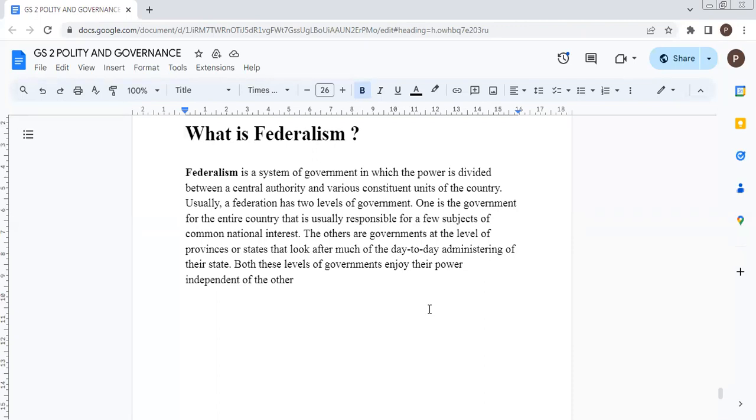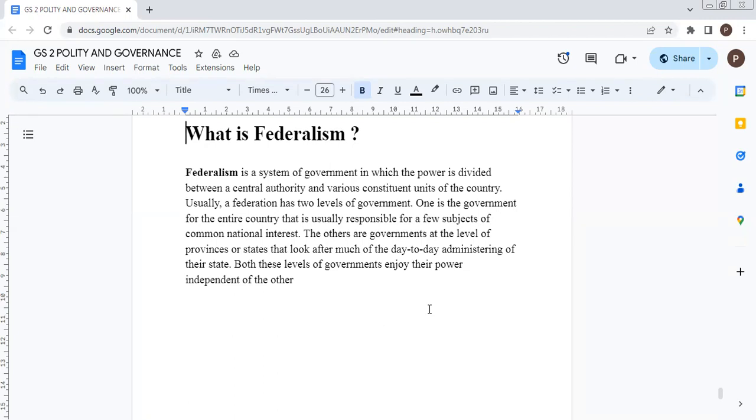The powers of the respective governments are clearly established in the Constitution. Article 246 prescribes three types of lists, that is the central list, state list, and concurrent list. And not only that, in the seventh schedule of the Indian Constitution, the functions are also clearly mentioned for the respective governments.